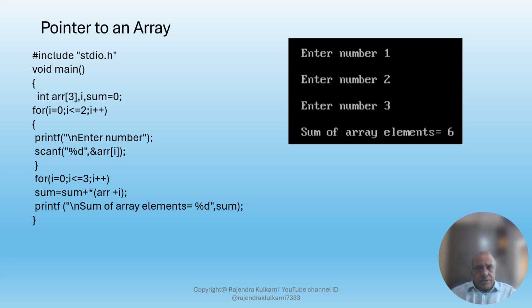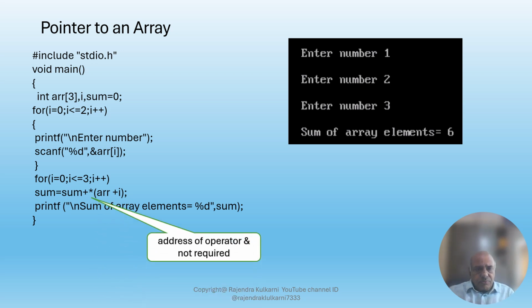We have entered 1, 2, 3 as the numbers into the array, assigned to array elements 0, 1 and 2, and their sum is 6. What is different in this program is we are taking out the value stored in the array elements using the value at address operator, star.